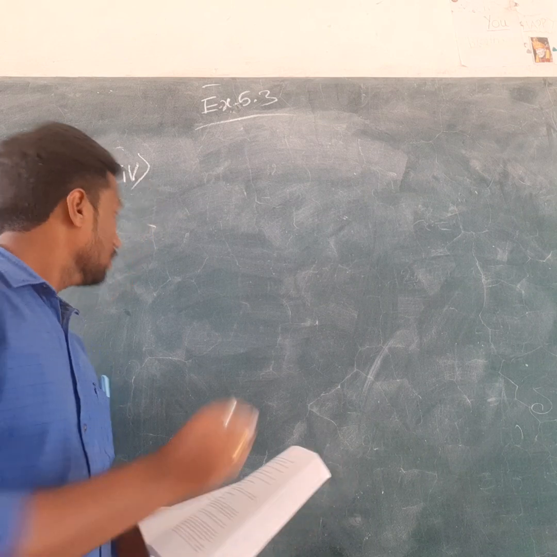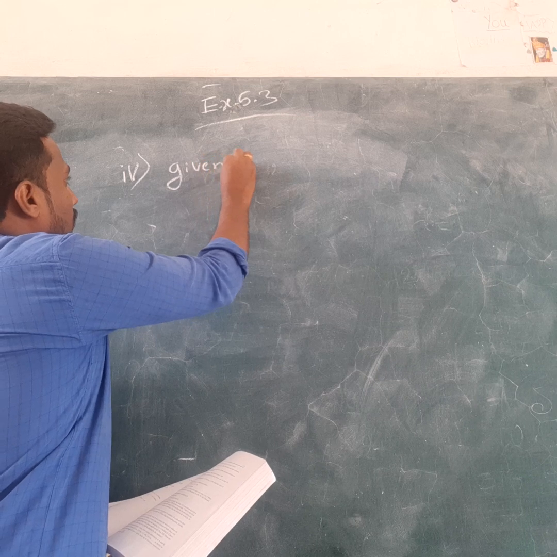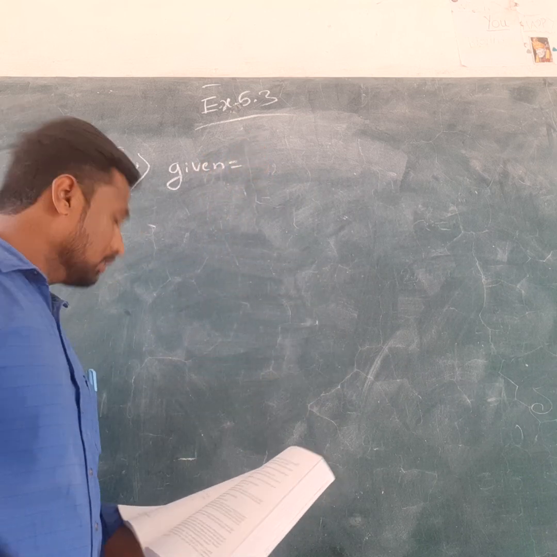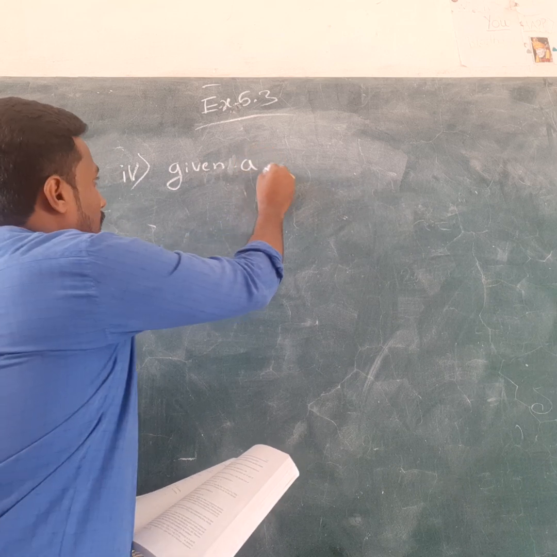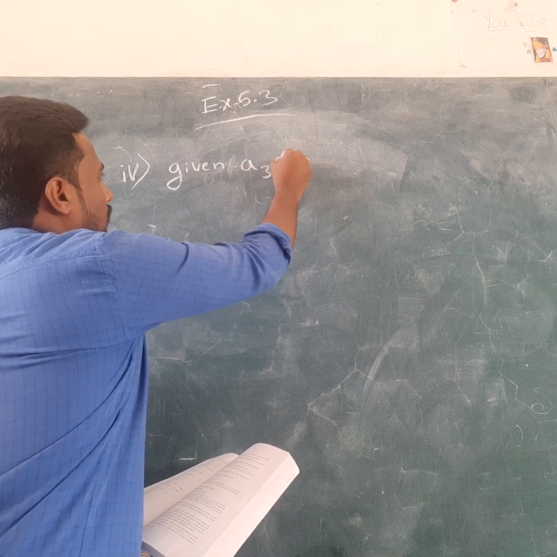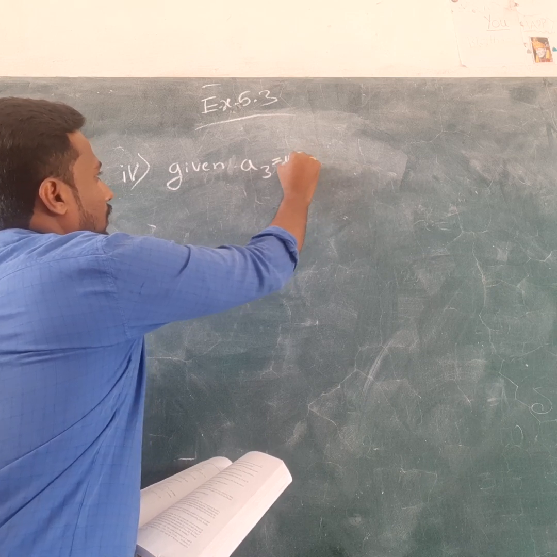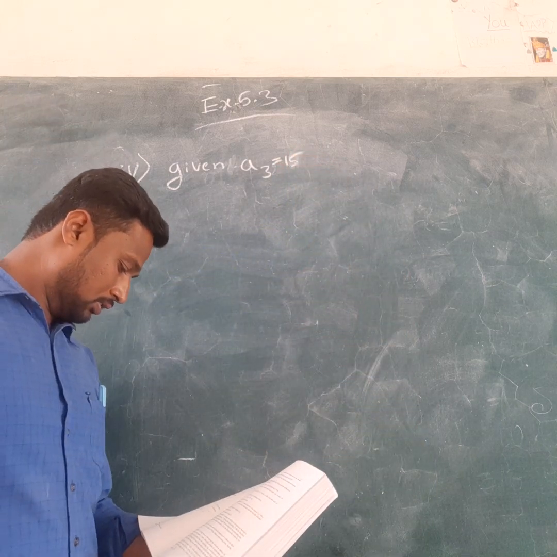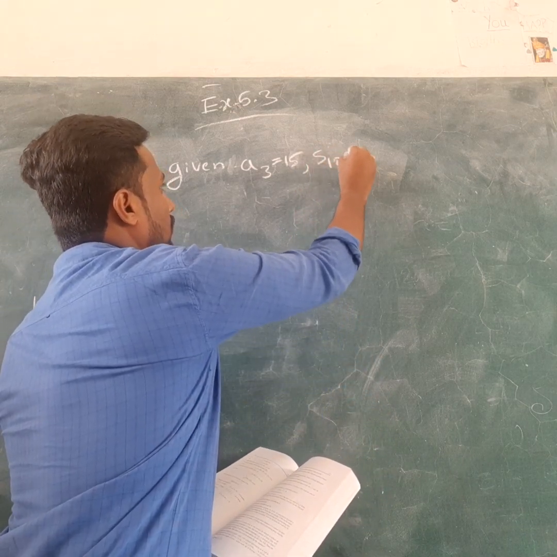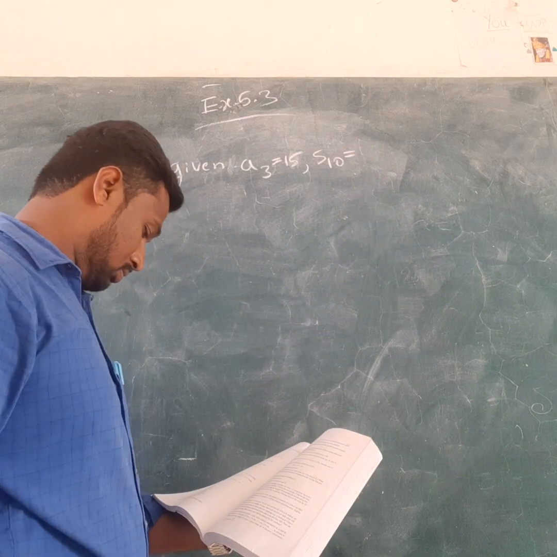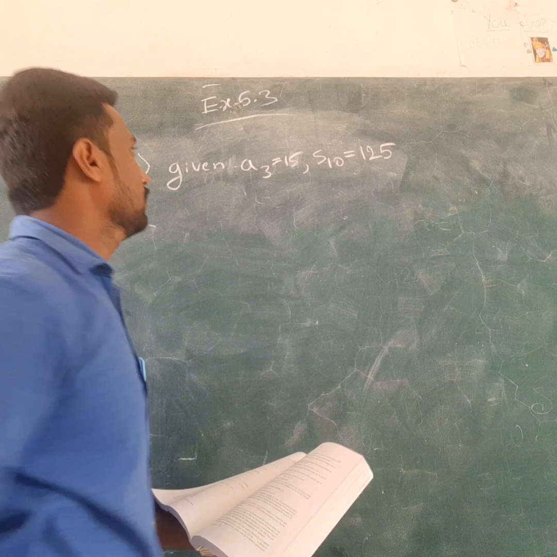In fourth problem, what they have given: A3 is equal to 15, A3 is equal to 15, S10 is equal to 125.